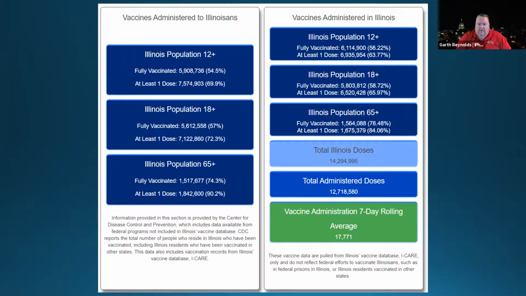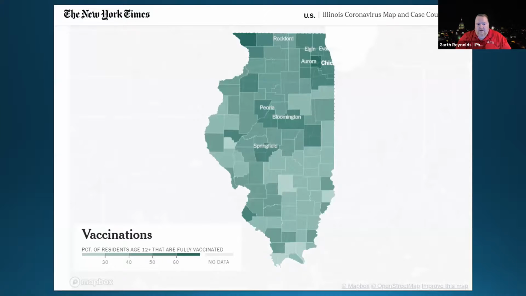I still think any pharmacy needs to be engaging with their patient base. And I like this gradient map a little bit better than what's on the state's website. You can see where there's still a lot of opportunity in the state for getting your vaccine. Medicaid is going to be continuing to look at this.